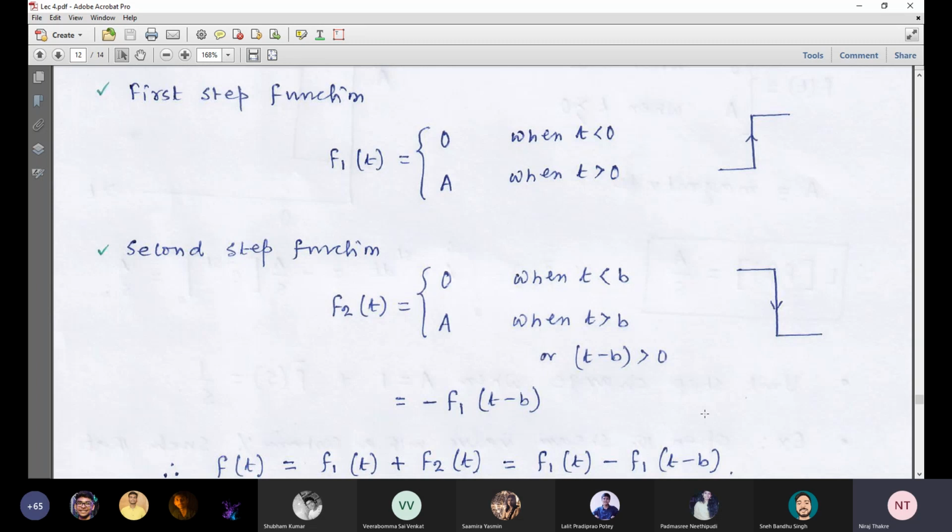One again tell: a by s minus a by s of 1 minus e power minus bs, within bracket you were saying. Yes, correct. What's your roll number? 19CH10065.